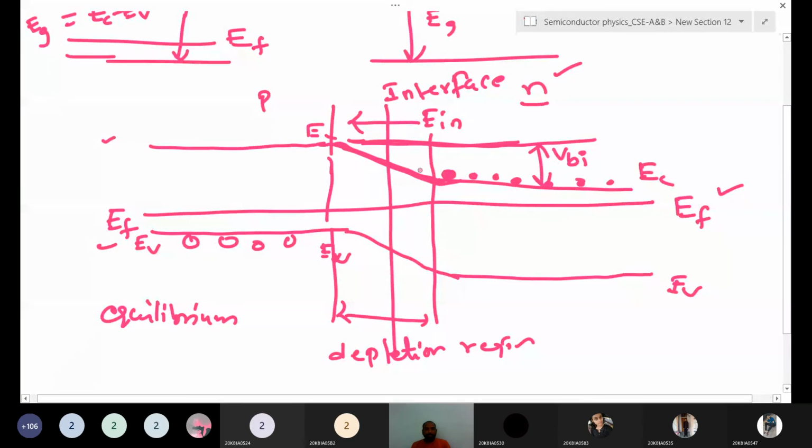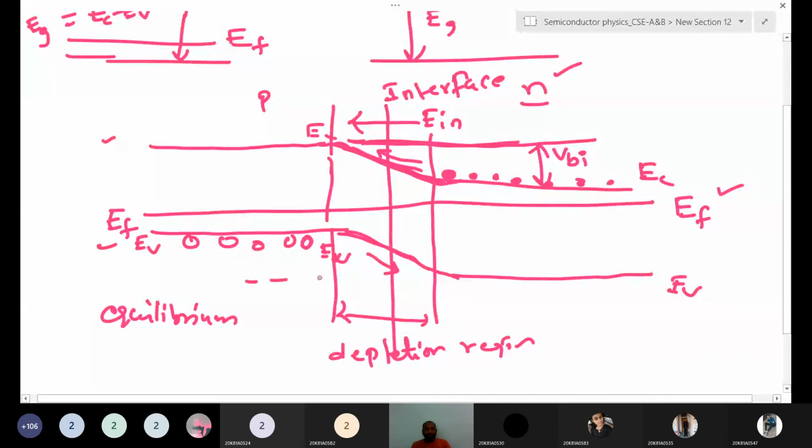They have to cross this barrier, then only will they enter this semiconductor. Similarly, holes also see this much barrier height. Once they want to go into the n-type semiconductor, holes should cross this barrier height.